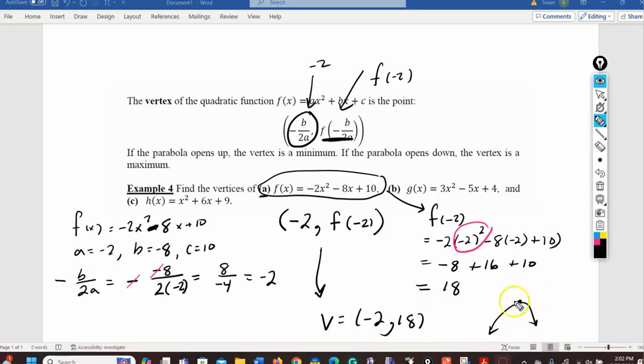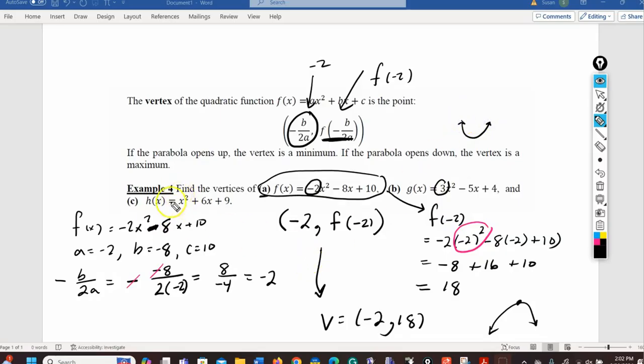Now, how did I know that the graph is going to open down? If your leading coefficient, so the number out the front, is a negative number, your parabola is going to open down. If your leading coefficient out the front is a positive number, your graph is going to open up.